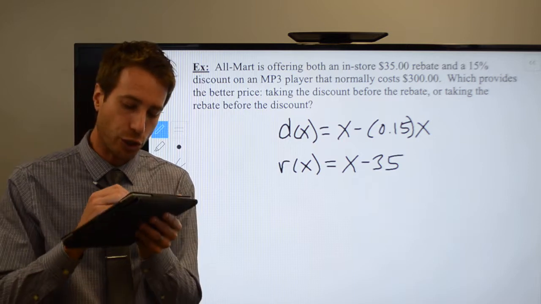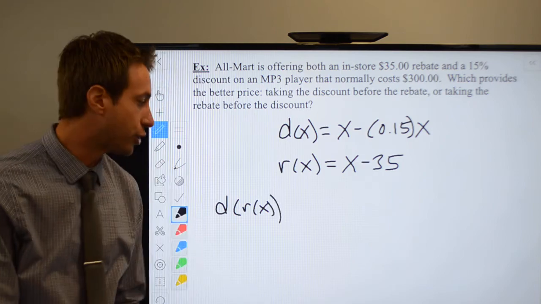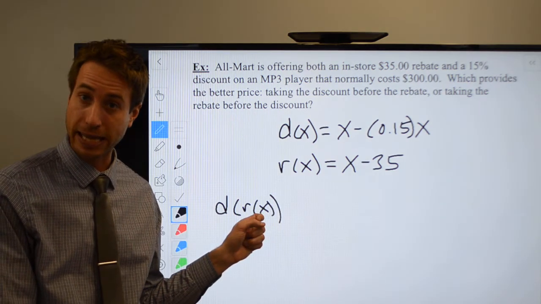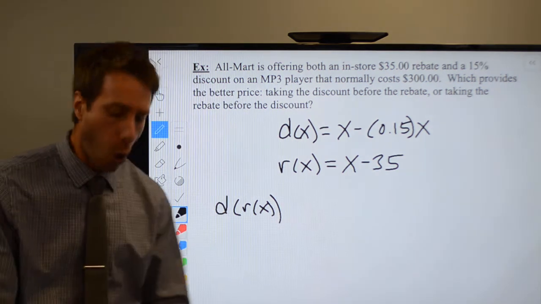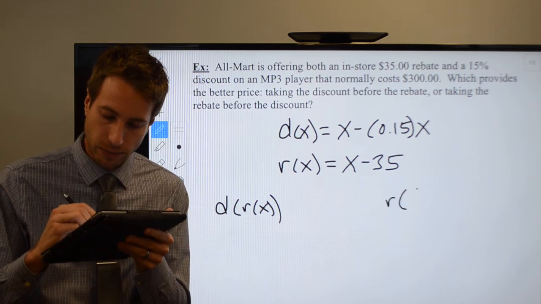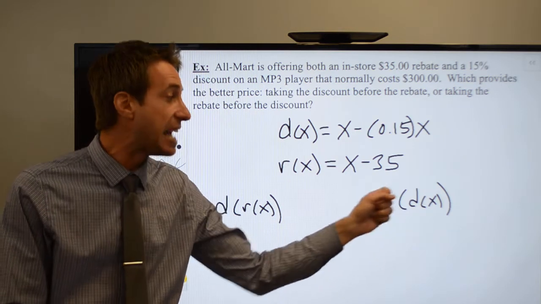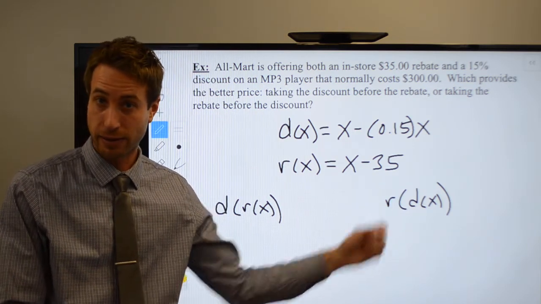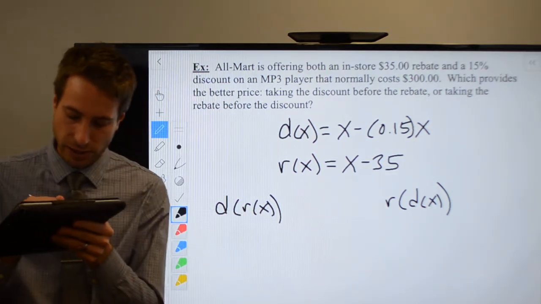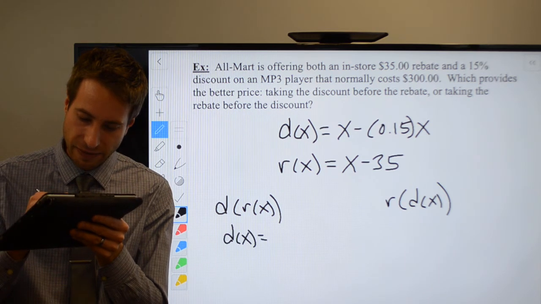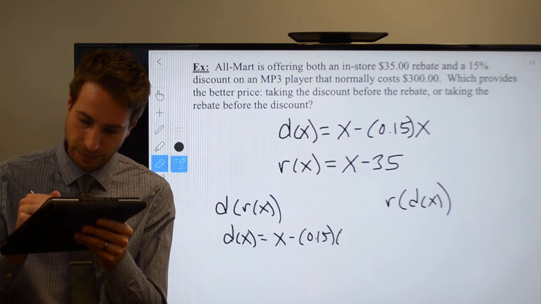What we want to do is figure out which is cheaper. Do I want to do d of r of x, which is to first take the rebate and then 15% off of that? Or do I want to take the 15% off and then take the rebate? Let's figure it out. Since I'm doing d of r of x, I need d of x first. d of x is x minus 0.15 times x.